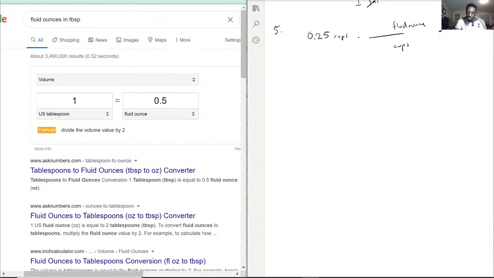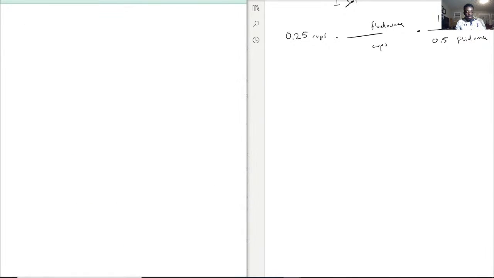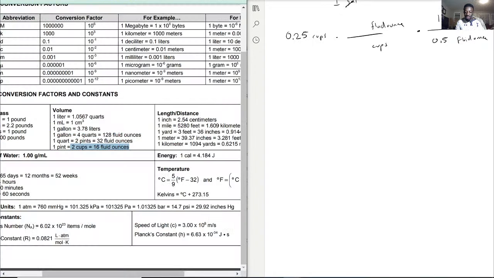Remember, you want to make sure that you always keep what you're trying to get to in the numerator. We want tablespoon and fluid ounce. The reason I wrote it like that is because you just write down what we see there. You can technically write 1 at the bottom and 2 at the top, but I'm just keeping track of what was given. So let's just exit out of there because we didn't really have a choice.